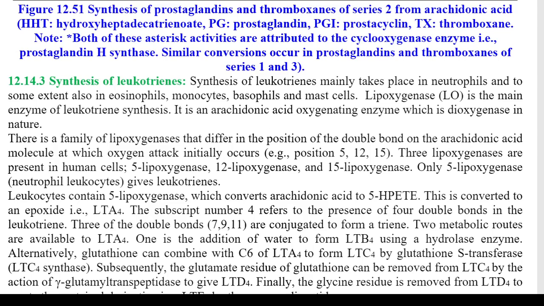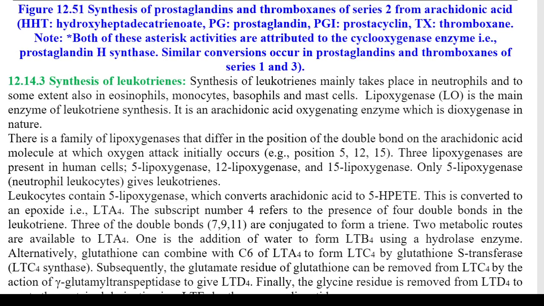12.14.3 Synthesis of leukotrienes. Synthesis of leukotrienes mainly takes place in neutrophils and to some extent also in eosinophils, monocytes, basophils, and mast cells. Lipoxygenase, LO, is the main enzyme of leukotriene synthesis. It is an arachidonic acid oxygenating enzyme which is dioxygenase in nature.